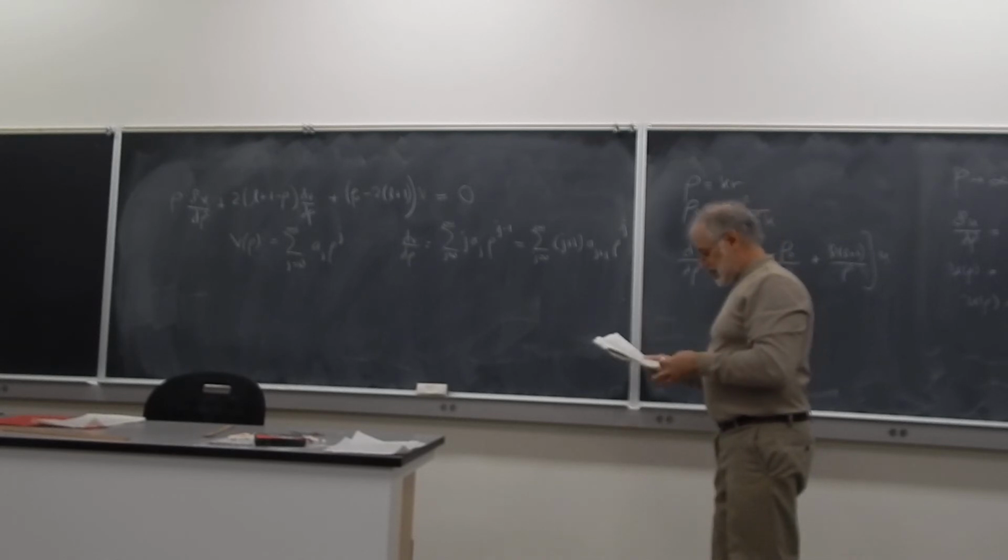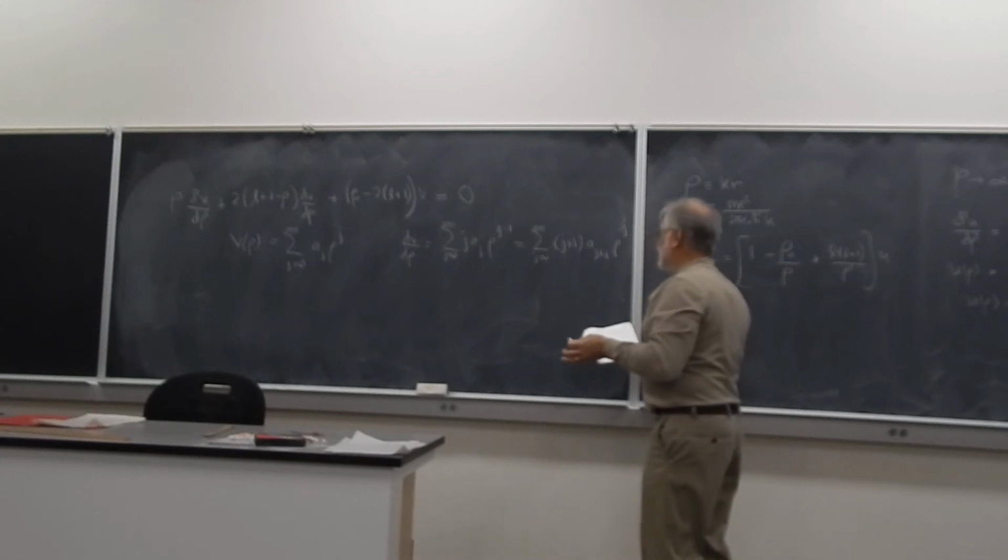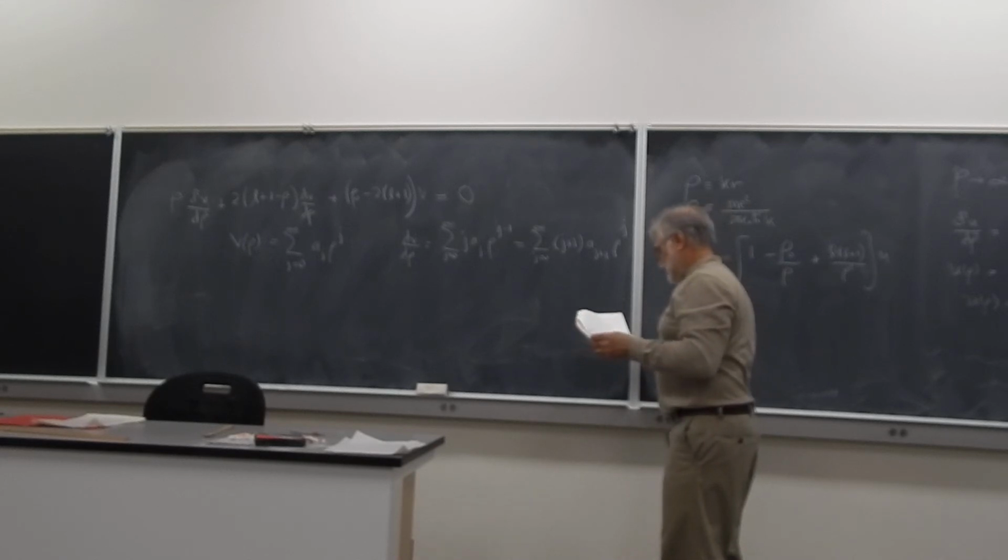We can still start the series at 0, because even if we started at j equals minus 1, that term would vanish anyway.